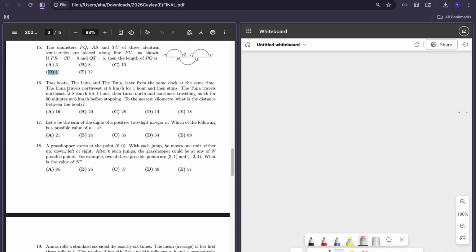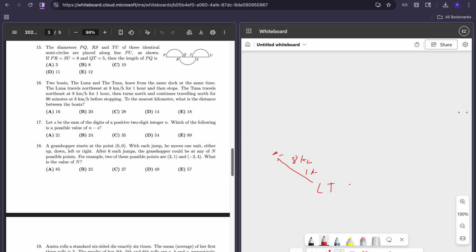Okay, 16. Two boats, Luna and Tuna, leave from the same dock at the same time. Luna travels northwest at 8 km per hour for an hour and then stops.